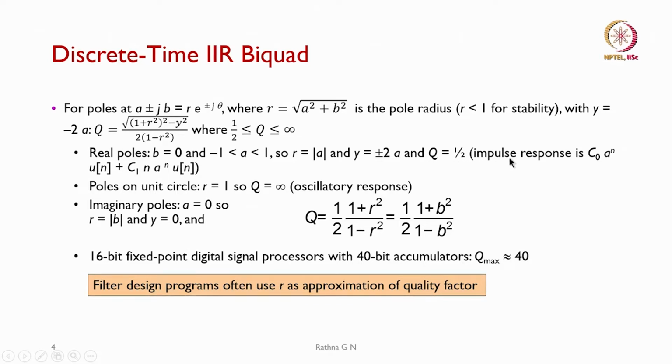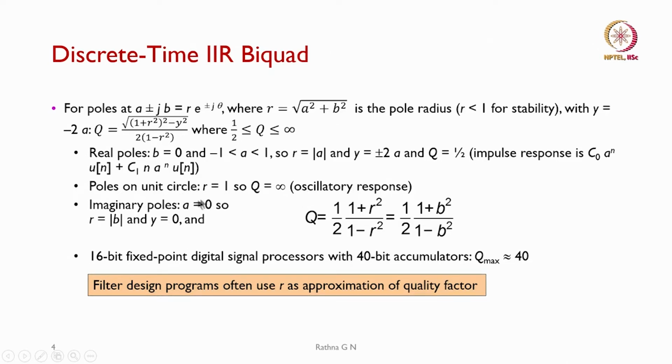The impulse response is C naught into A to the power n into u of n, plus C1 into n A to the power n into u of n. If the poles are on the unit circle, then R will be equal to 1, so Q becomes infinity. We call this an oscillatory response.